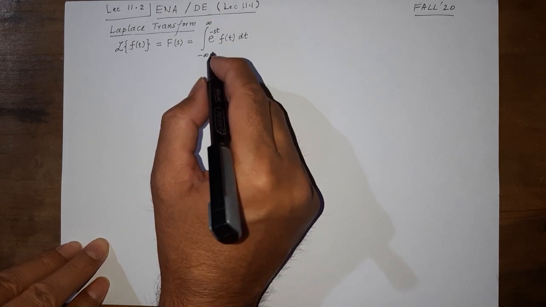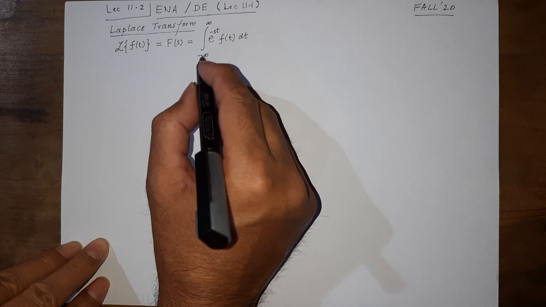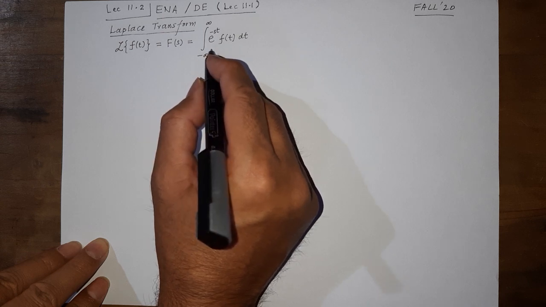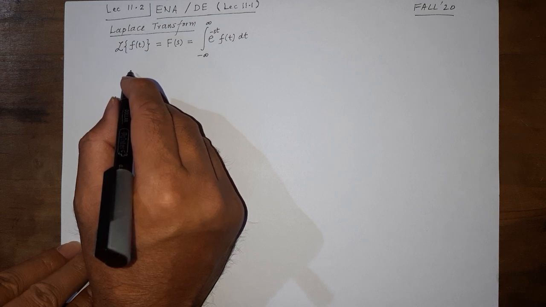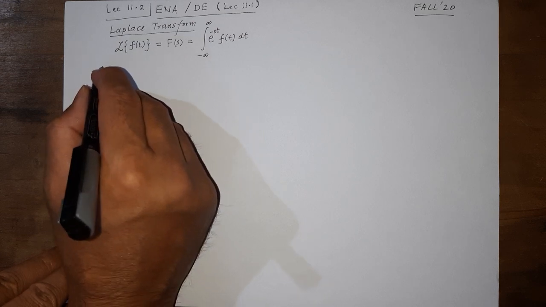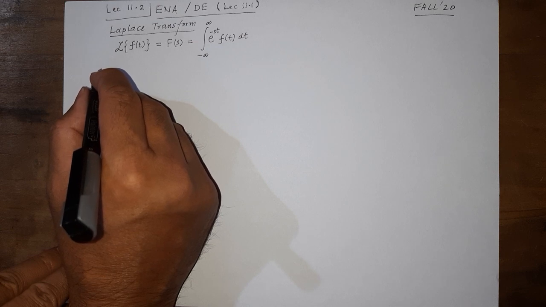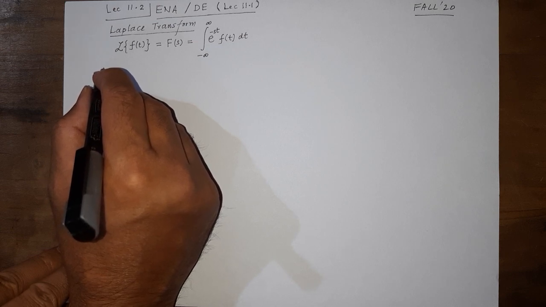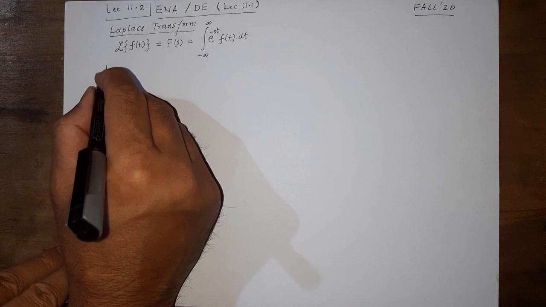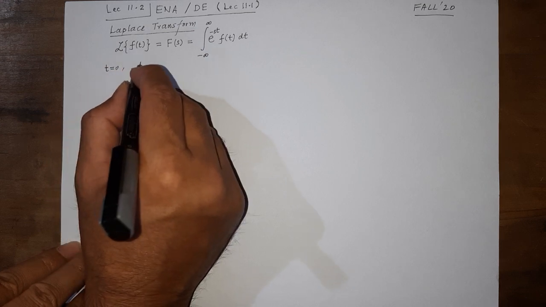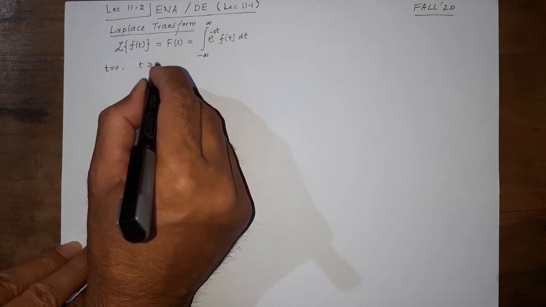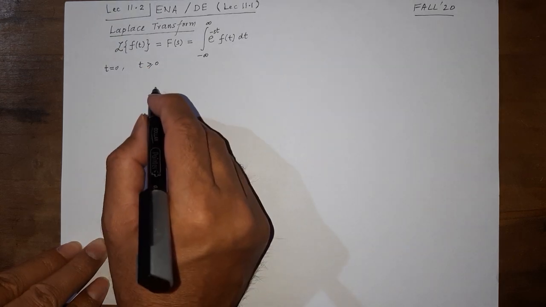This, by definition, is a two-sided Laplace transform. But in circuit analysis or most physical systems, when we get interested in a system, we say that time t is equal to 0, and so we want to find responses for t greater than or equal to 0.